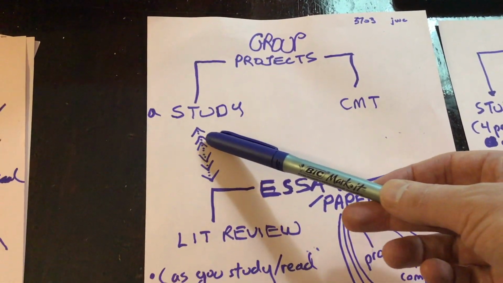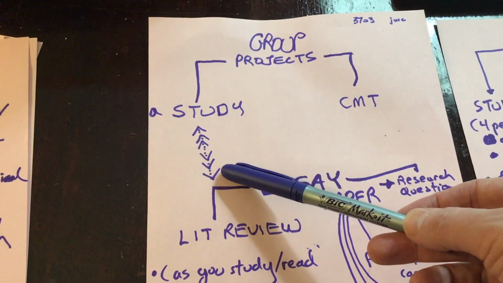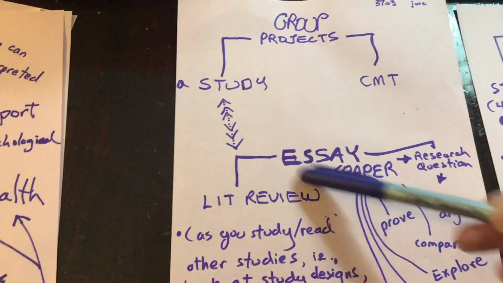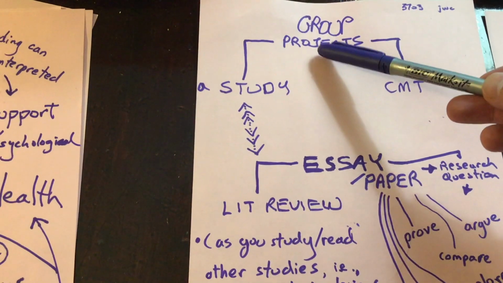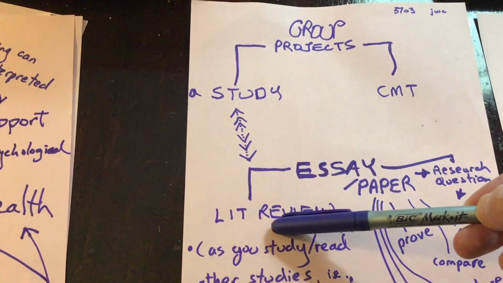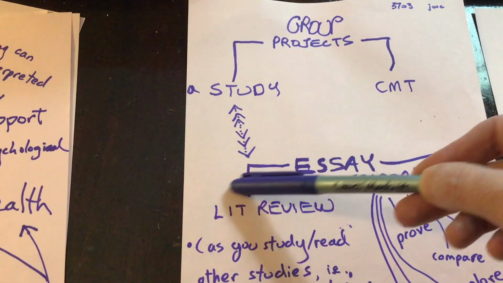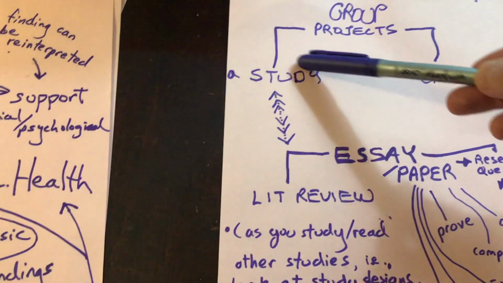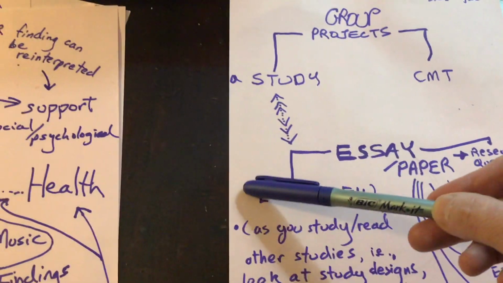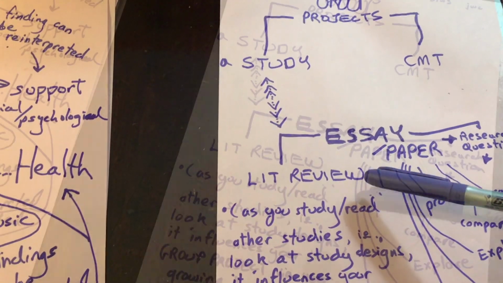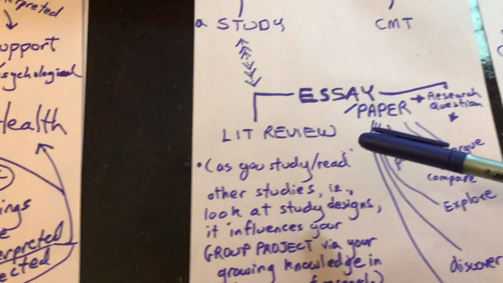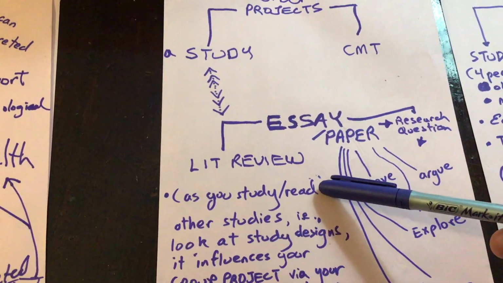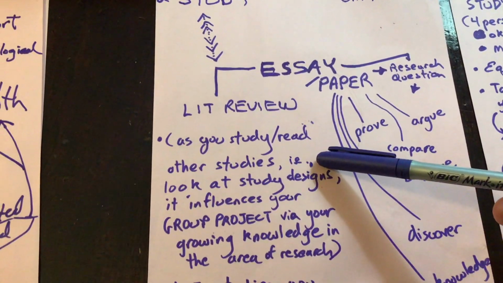So with the study, you'll see that there's 3 hours going up, 3 hours going down. What does that mean? That means that this lit review, if you choose to do that on the same topic, right? So this is the person who is interested in music as an analgesic, as a pain reliever, and their study is also looking at music as a pain reliever, okay? So it would be required upon you and incumbent upon you, and also I think you'll find it very interesting, to read other studies.